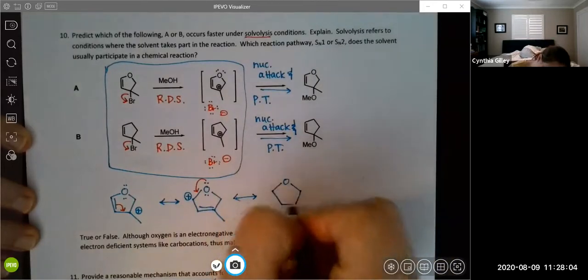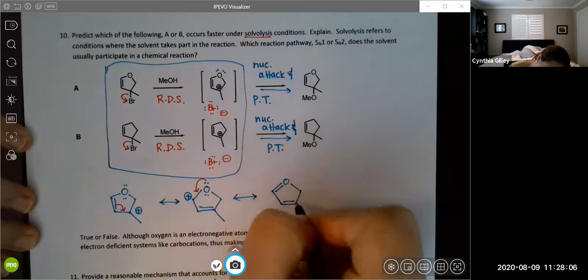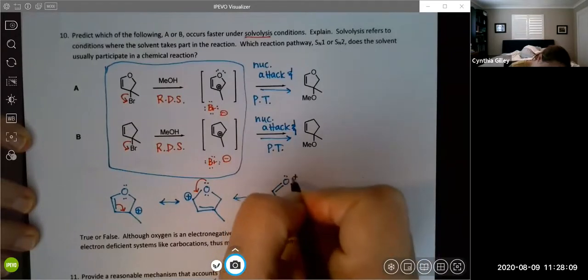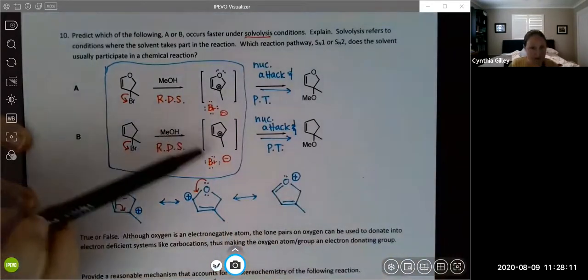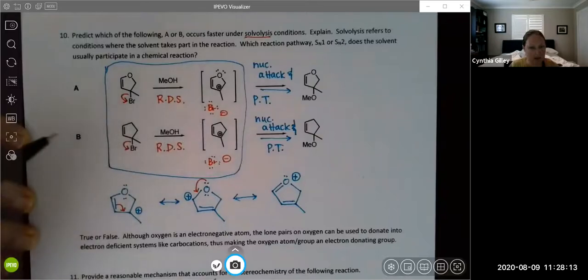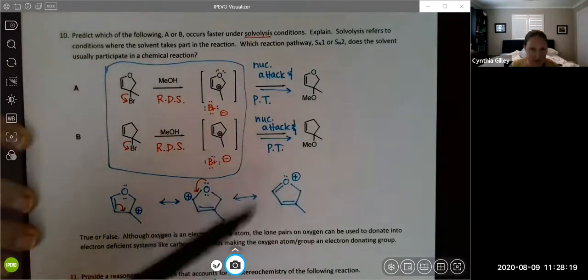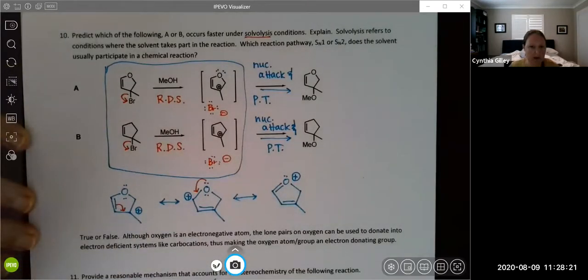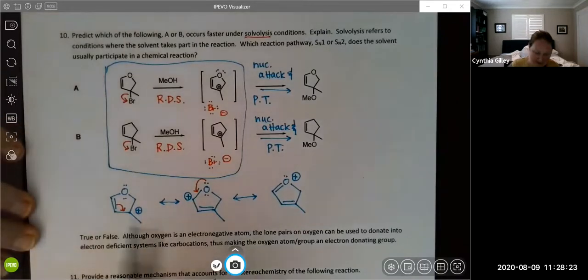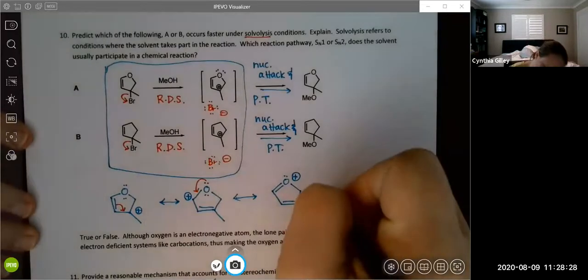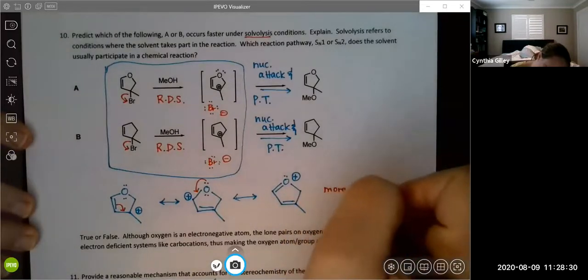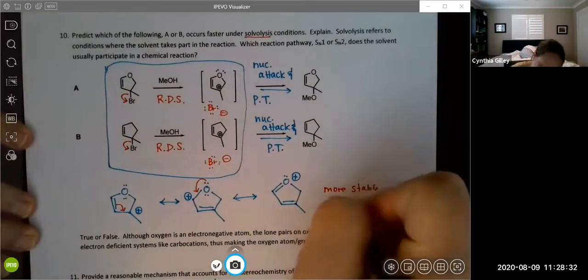What's special about that is that it doesn't exist with the pathway labeled B. Because there's no oxygen here, it doesn't have this third resonance contributor. So this one with 3 resonance contributors is a more stable intermediate.